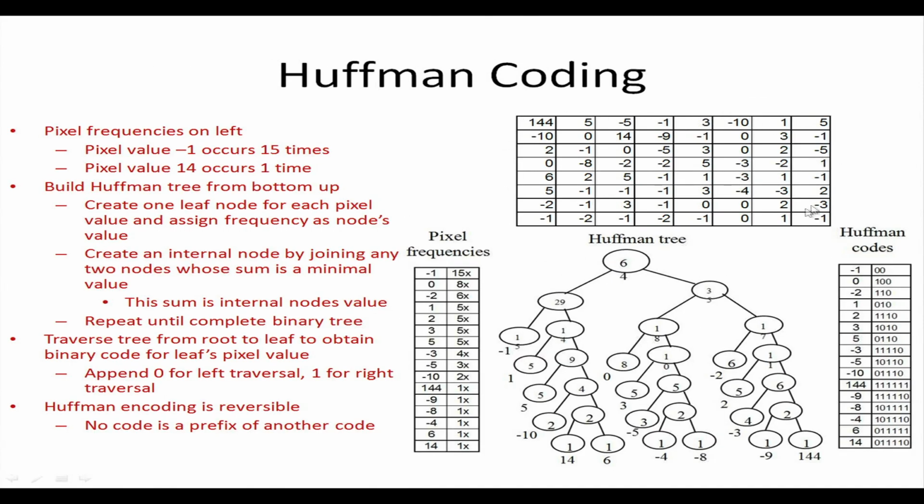In this matrix, I find these different pixel values, -1, 0, -2, all the different pixel values that I have, and I look at the pixel frequencies, how frequently they appeared.